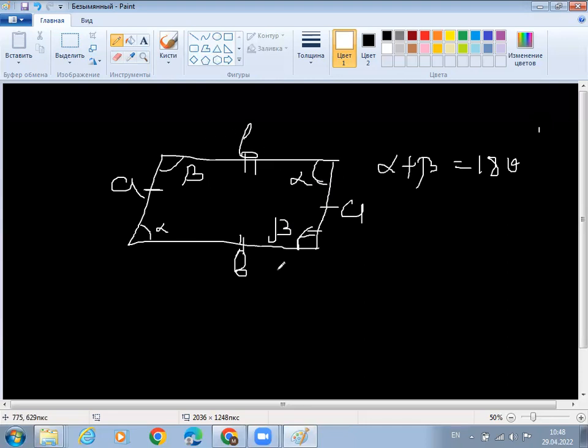But the sum of all angles here, 2 alpha plus 2 beta, is going to be obviously 360 degrees. Did you understand? Yes. So the sum of interior angles of a quadrilateral is 360 degrees. Okay, guys? Well, again, do not forget, this angle plus this angle is 180 degrees.